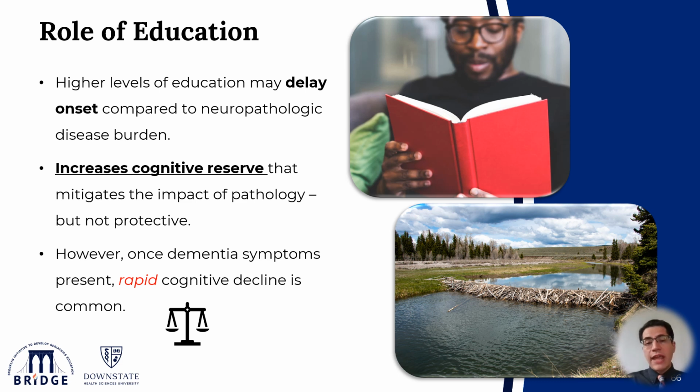So imagine education as a form of a barrier that blocks the impact of brain pathology on the cognition and delays the onset. But once that barrier is broken, the pathology becomes very impactful on cognitive functions and the decline becomes much more rapid.